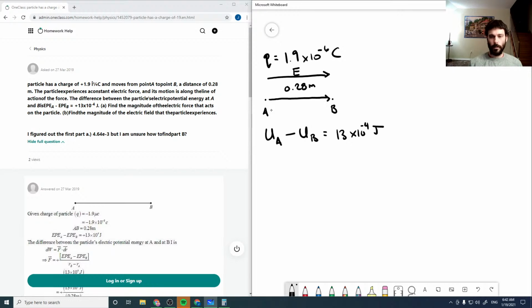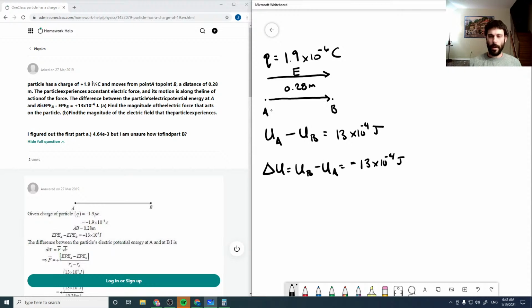So it gives us it like this, which is kind of funny because delta U is always final minus initial, so it should be UB minus UA, which is minus 13 times 10 to the minus 4 joules, which is good because it means that our potential is going down, which it always does. So we always go from high to low. So the fact that it's negative means that we're doing that.